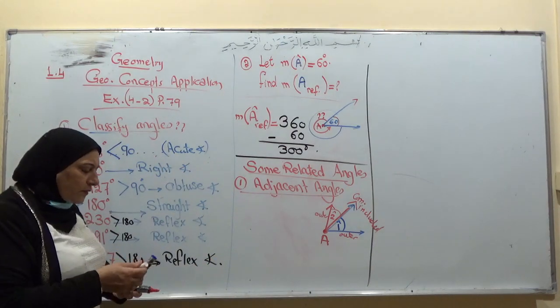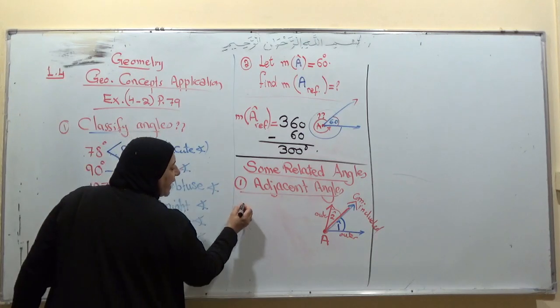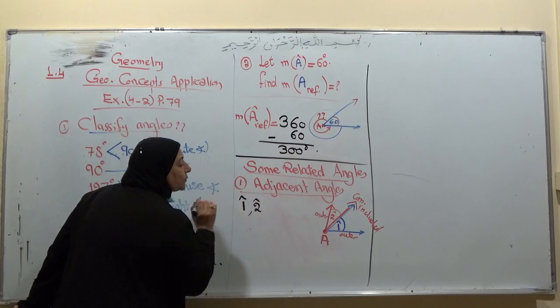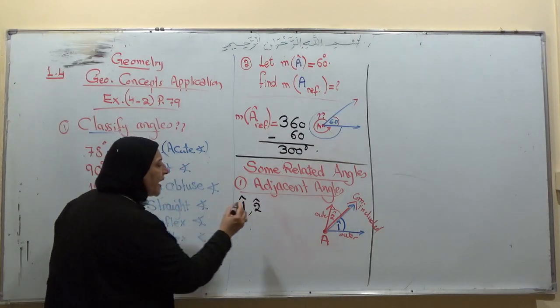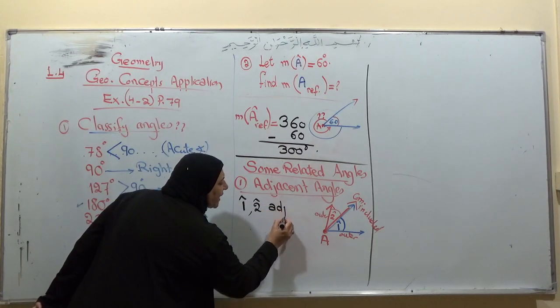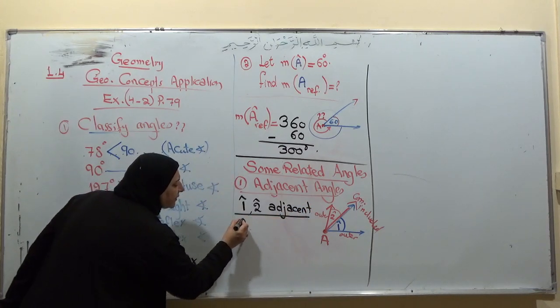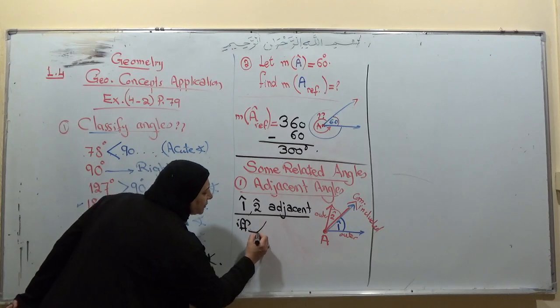We can write it now. We can write here: angle 1 and angle 2 are said to be adjacent angles if and only if we have two conditions.